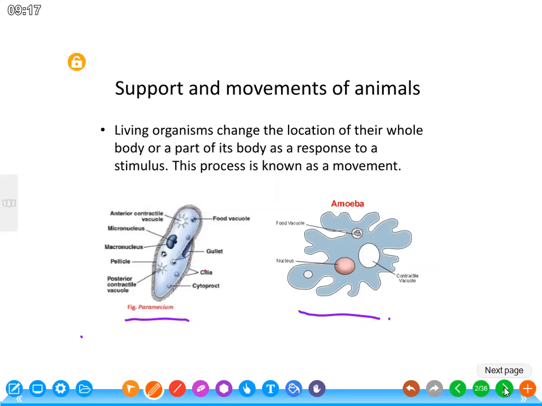Support and movements of animals. What is movement?